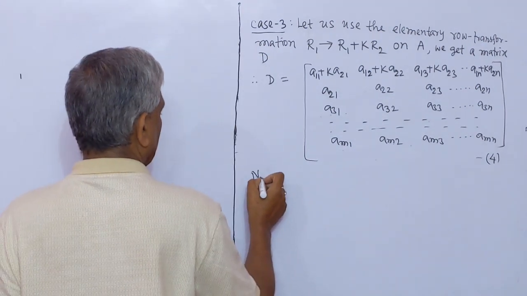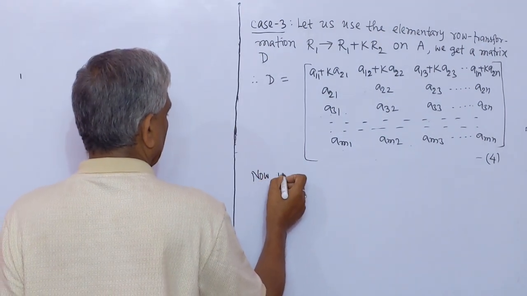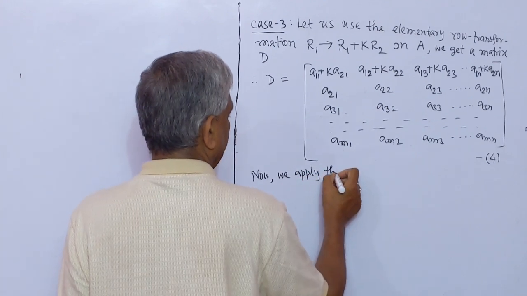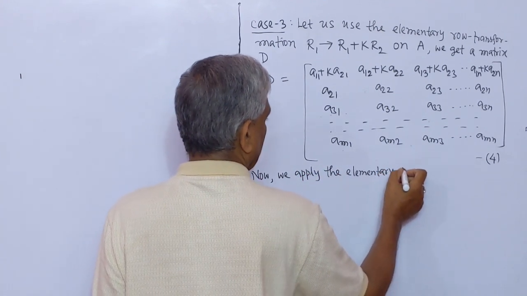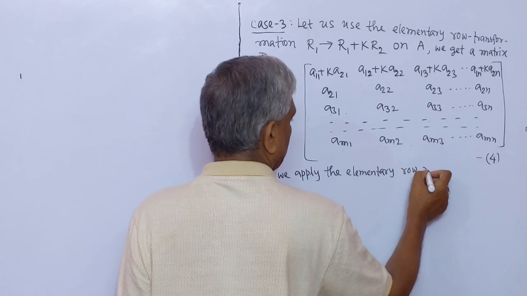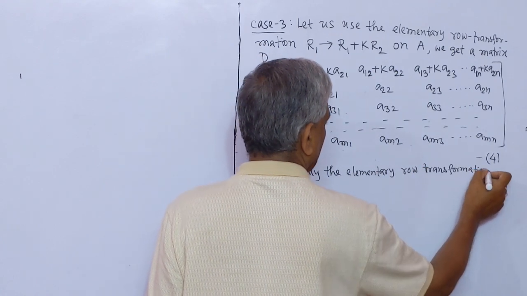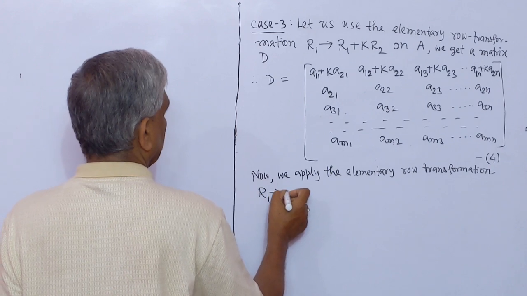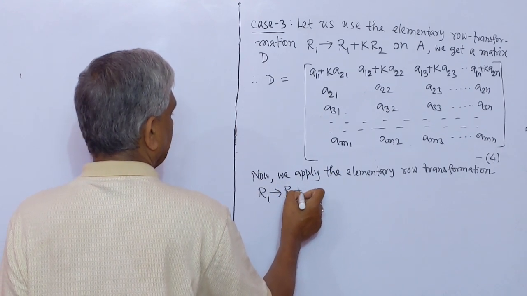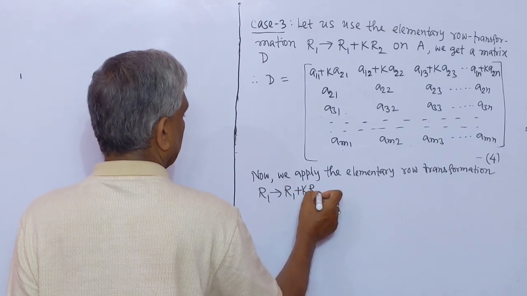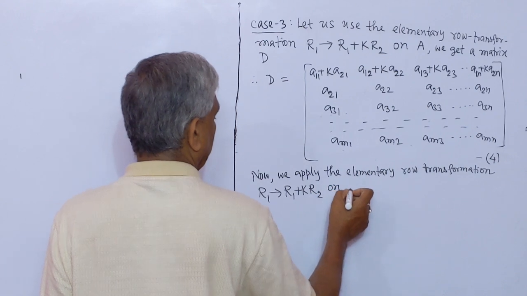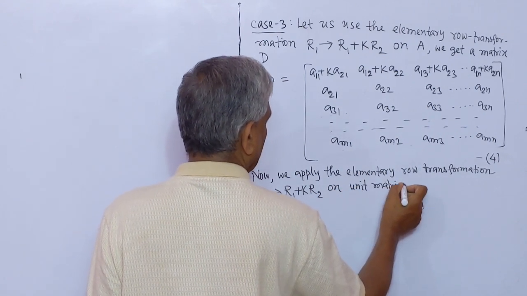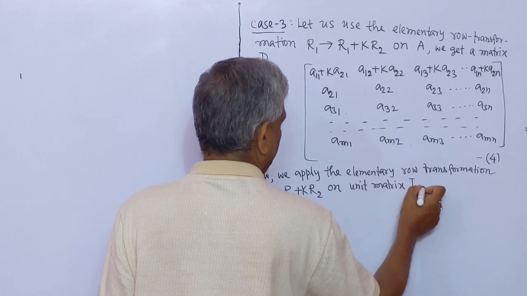Now we apply the elementary row transformation R1 to R1 plus K R2 on unit matrix Im.